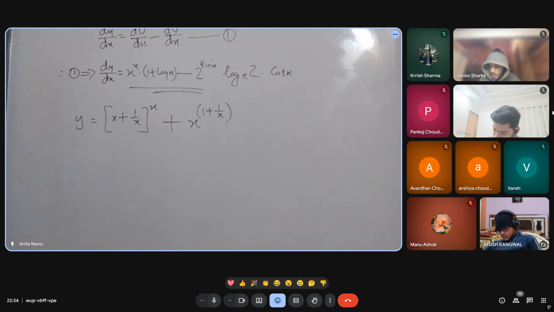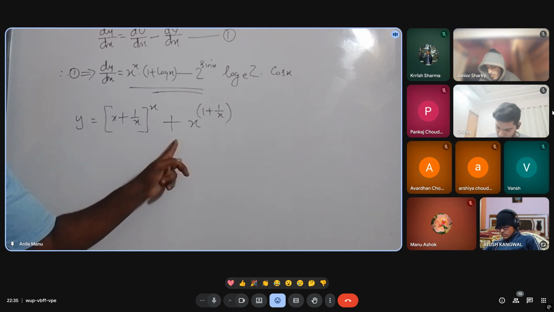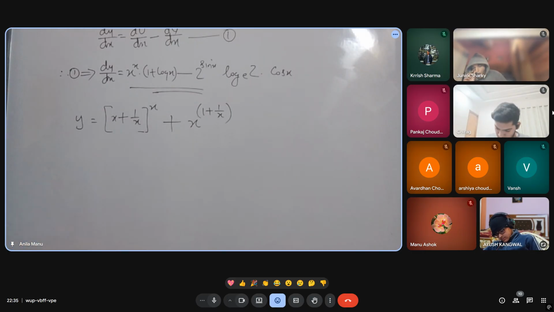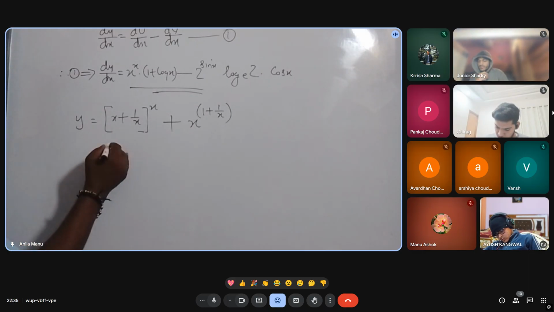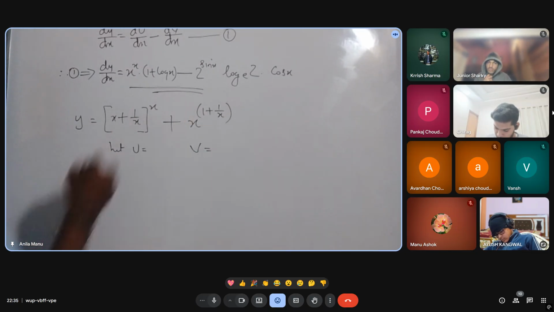Because these two are connected by a plus sign, not multiplication or division, you can take let u be this function and v be this function.